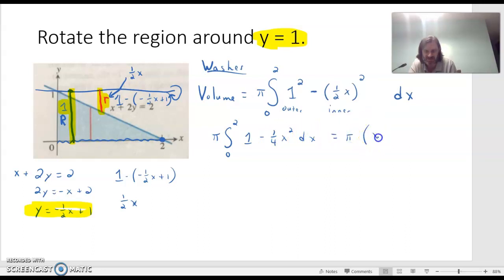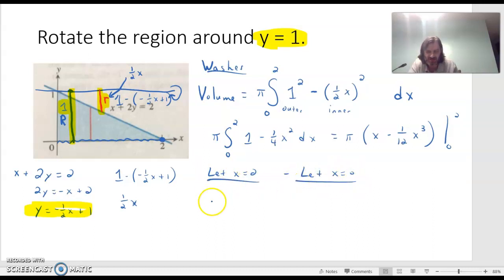So that's pi times x minus 1/12 x cubed from 0 to 2. So let's see here. We'll let x equal 2, and we'll subtract off letting x equal 0. So x equals 2 will give me 2 minus 1/12 times 8.